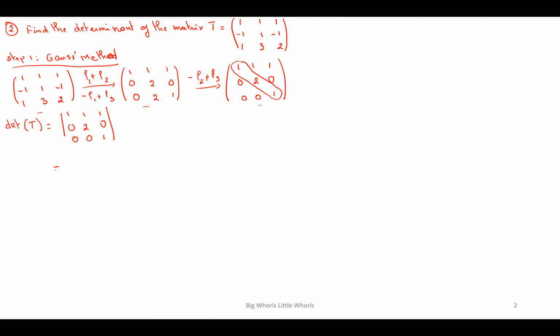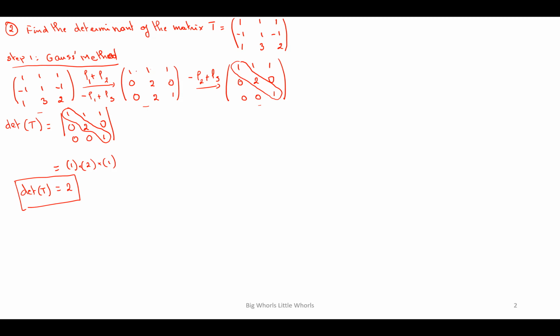So what we have to do is to multiply down the diagonal. So we have 1 multiplied by 2 multiplied by 1, which is equal to 2. So the determinant of T is equal to 2. As you have seen here, and also in the properties of the determinant, if you change a row by row combinations, you do not change the determinant.